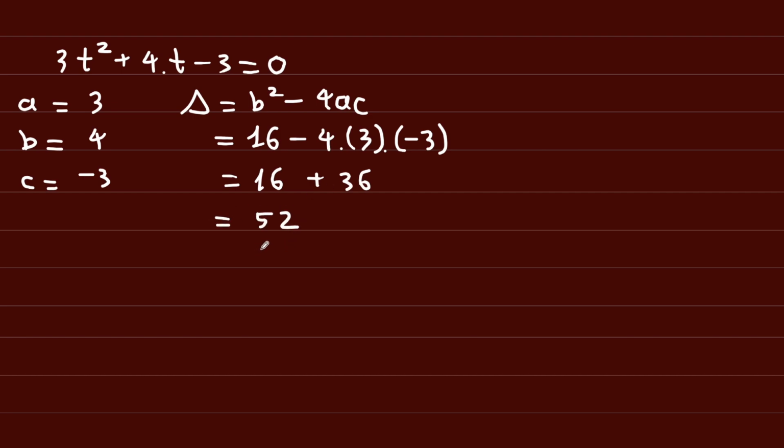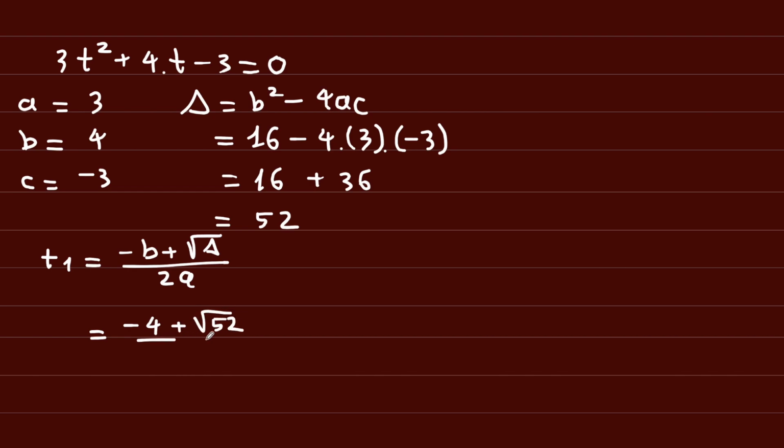This is not a square number anymore, right? And about t, the first t will be equal to minus b plus square root of the discriminant over 2a. You got here minus 4 plus square root of 52 divided by 2a, which is 2 times 3. Okay, now let's calculate this one. Plus square root of 52 and then divide by 6.